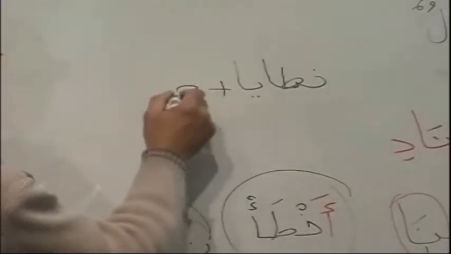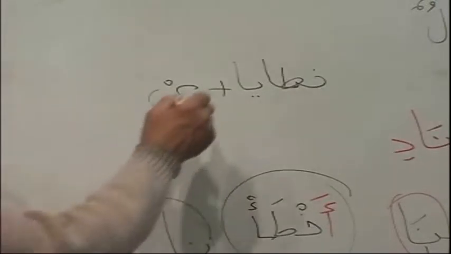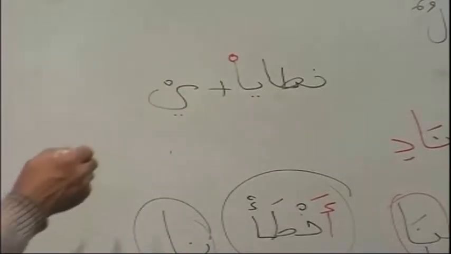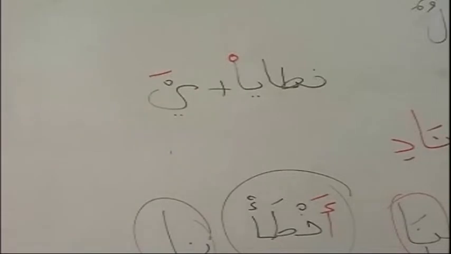Now I want to add ya mutakallim, the pronoun, make it mudaf ilayhi. Normally, ya mutakallim will pull the last vowel sign down to kasra. But not in this case. Why? Because before it, there is an alif. So when this situation comes, then the ya mutakallim gets a fatha. We got to remember this. Khataya. Okay?